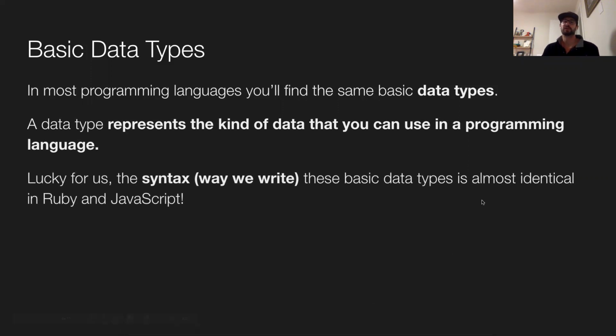What's fortunate for us as we start our programming journey is that the syntax, or the way that we write these basic data types, is almost identical in Ruby and JavaScript.